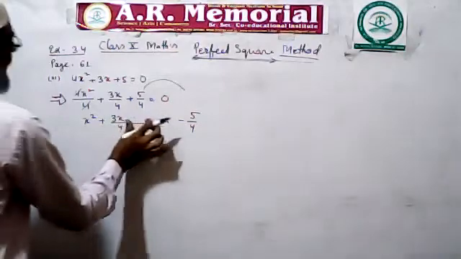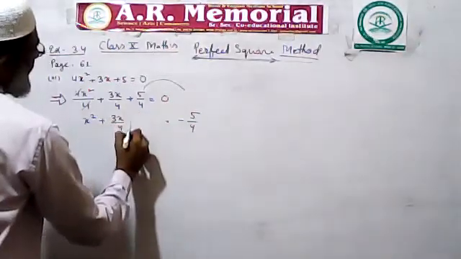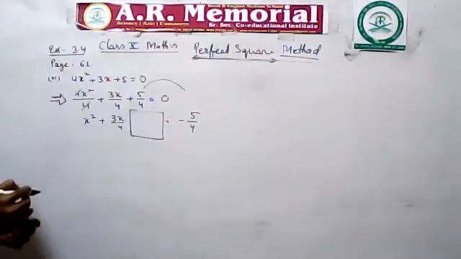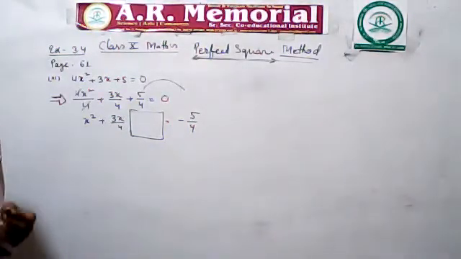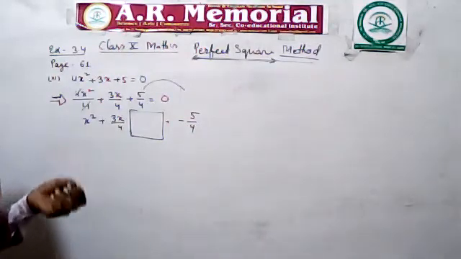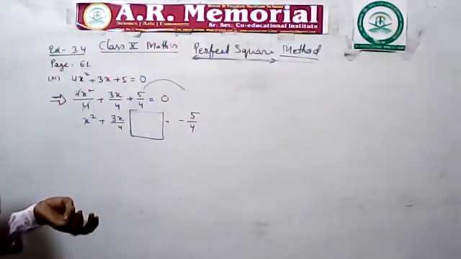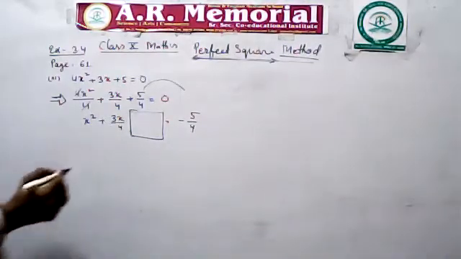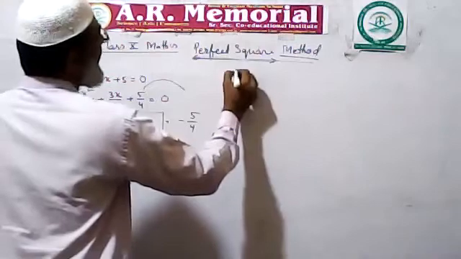Now look carefully in this box. What can we do in this box? We want a new term. How can we decide which number will be written here? Go to the b. B is the coefficient of x, 3 upon 4.